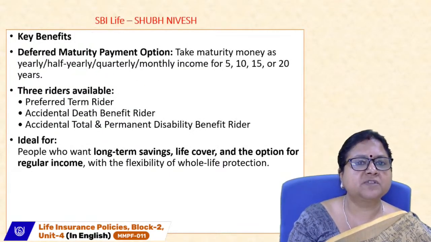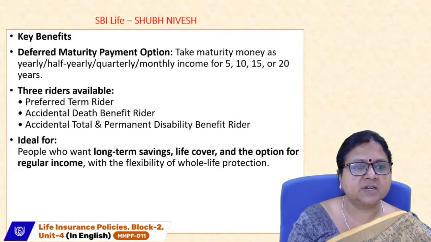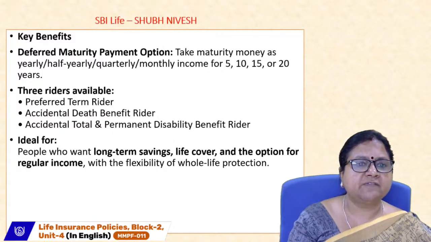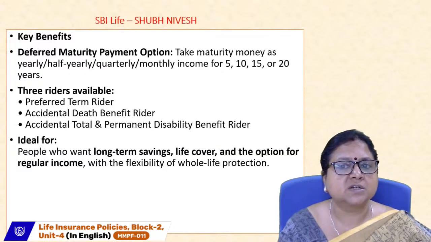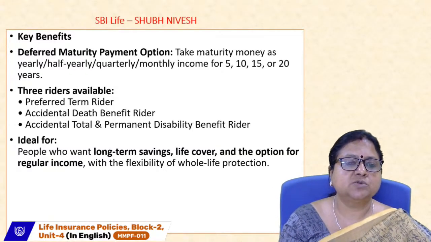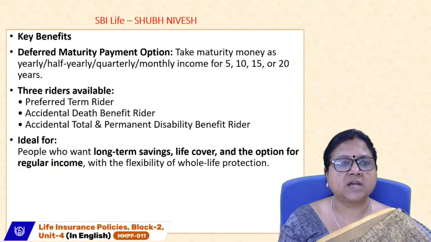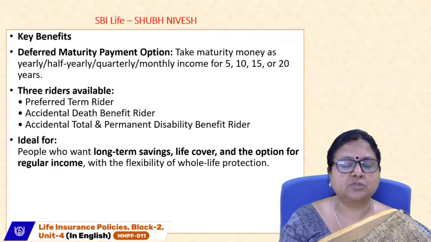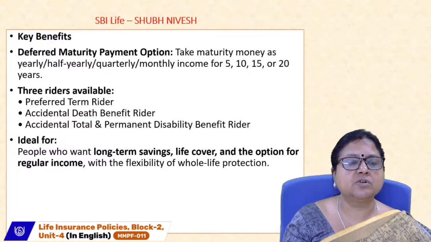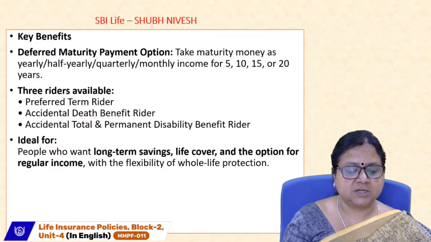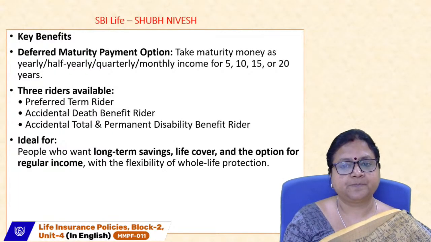The key benefit of this Sukh Nivesh policy is the deferred maturity payment option. You can take maturity money as yearly, half-yearly, quarterly or monthly income for 5, 10, 15 or 20 years. It is up to the policyholder how to get the money back.